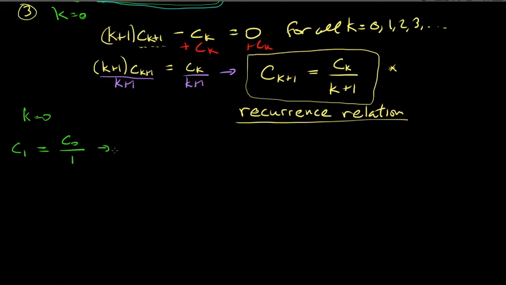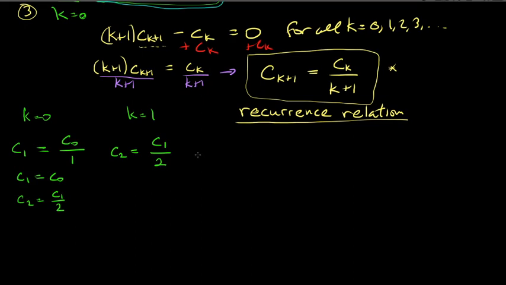So this tells me that c1 equals c0. Let's go on to k equals 1. 1 plus 1 is 2, so c2 is equal to ck, which is c1, divided by k plus 1, which is 2. So that tells me that my c2 is just c1 divided by 2.